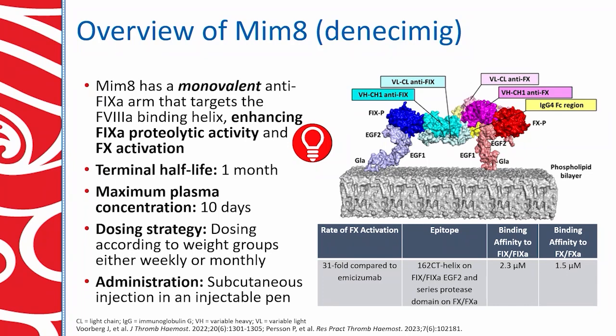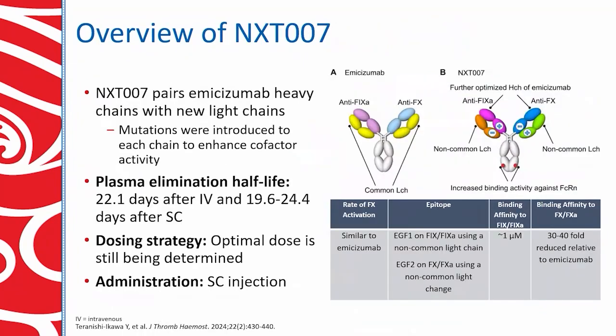And the rate of factor X activation is 31-fold compared to emicizumab. The dosing strategy is adapted according to weight groups. It's not adapted according to the precise weight in kilogram. And it is administered subcutaneously using an injection pen.